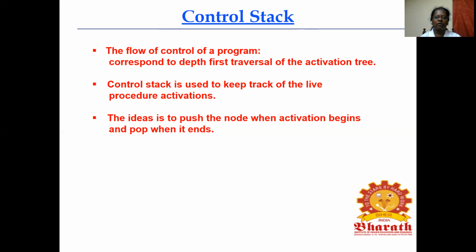So we already discussed that it will keep track of the activation tree, and this will be controlled by the control stack. It will control all the flow of the program's functions. Every function, when it is activated, it will keep track of the procedure activations and ends. Okay, so this is the control stack.